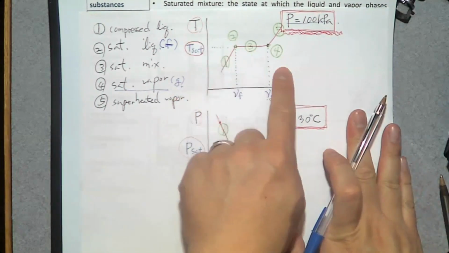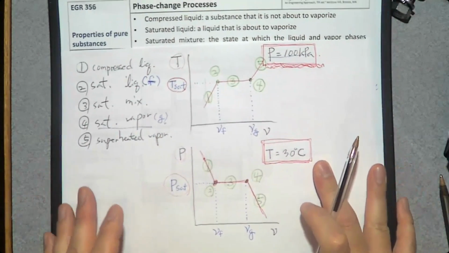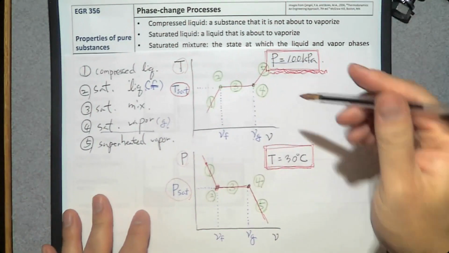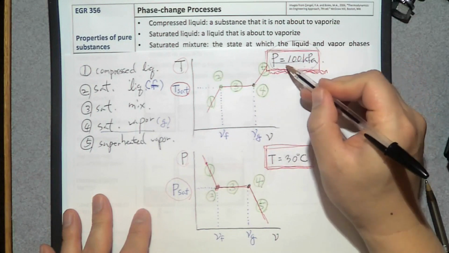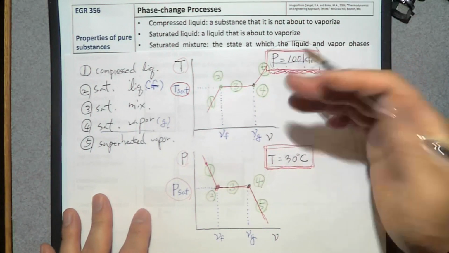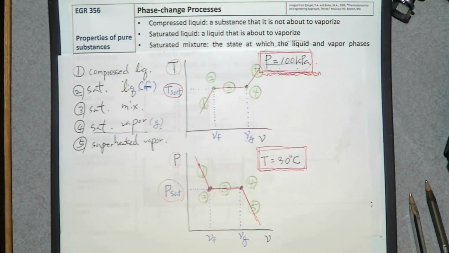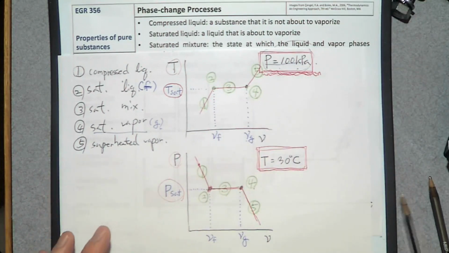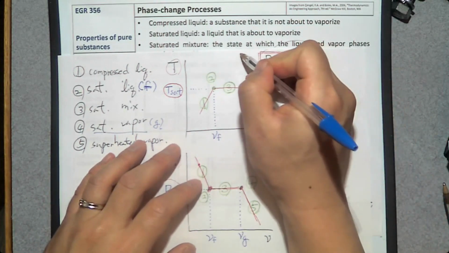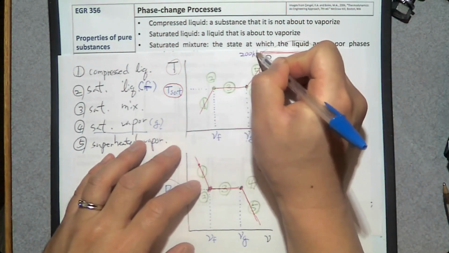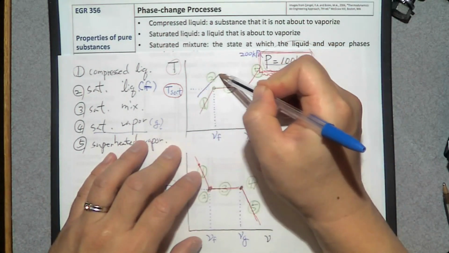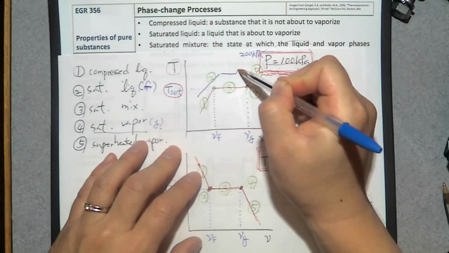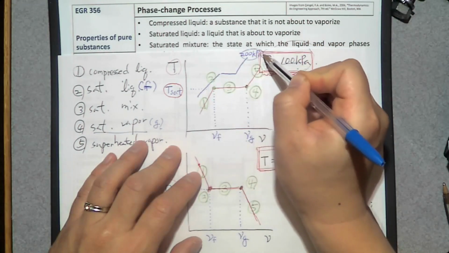So let's look at this TV diagram. If your phase change material has a different pressure than this 100 kilopascal, let's say 200 kilopascal, then where is the TV diagram going to be? So if you increase the pressure, let's say 200 kilopascal, then the TV diagram moves upward. So this is the TV diagram at 200 kilopascal.